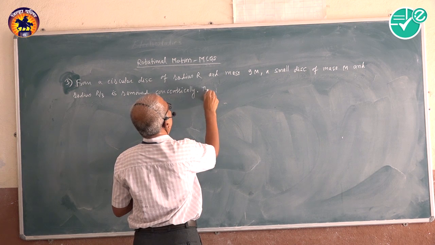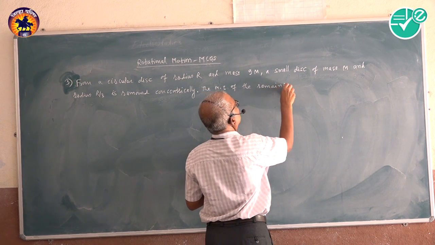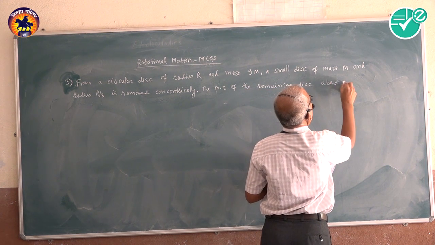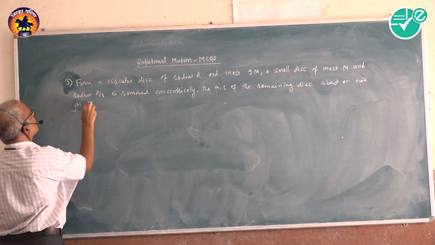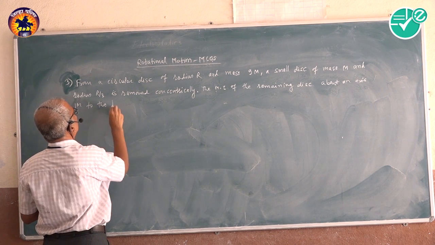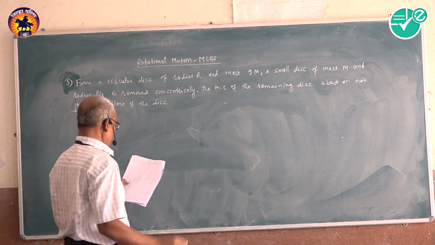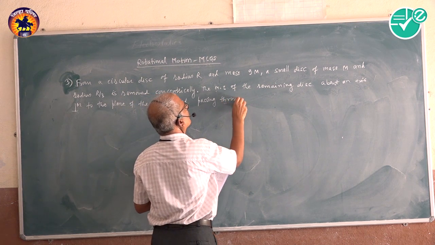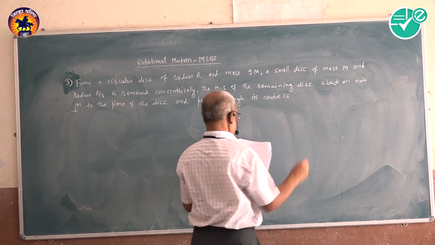The moment of inertia of the remaining disc about an axis perpendicular to the plane of the disc and passing through its center is?